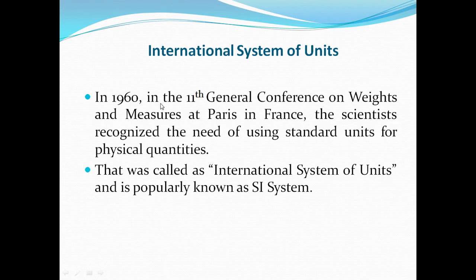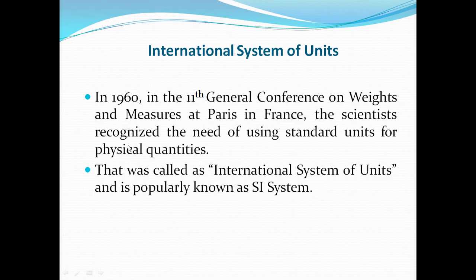In 1960, at the 11th General Conference on Weights and Measures in Paris, France, the scientists recognized the need for using standard units for physical quantities. That is known as the international system of units.